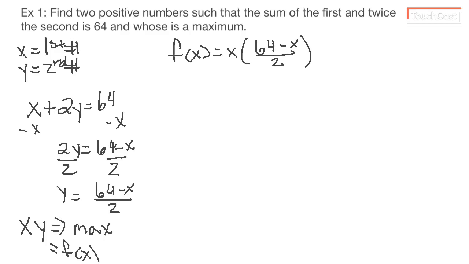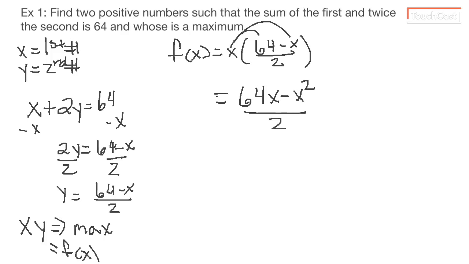Now we're going to distribute the x to our numerator. We're going to have 64x minus x squared, and then that's all divided by 2. Let's divide everything by 2.